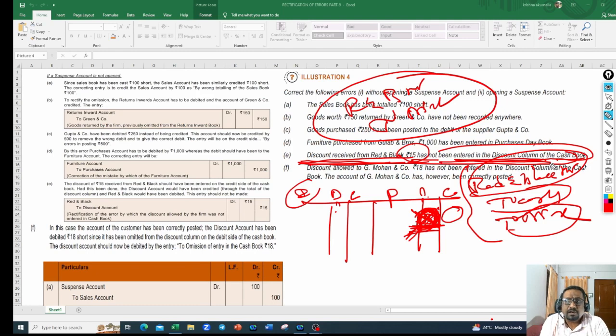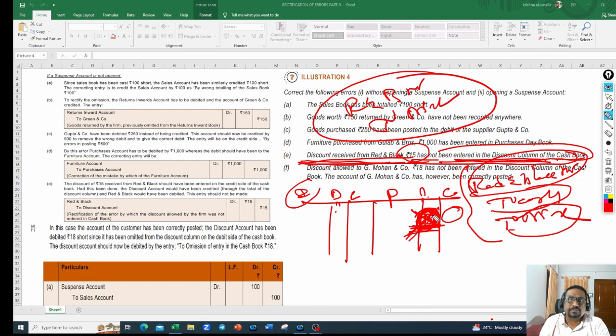Simple. They did not say anything about the personal account. If nothing is mentioned about the personal account, what you need to assume is that the minute this amount is missed from the discount column in the cash book, that wouldn't have been posted to the discount account, nor to the Red and Black account as well. If you wanted to consider this entry already posted in Red and Black, they should have given in the problem that the personal account is correctly posted.